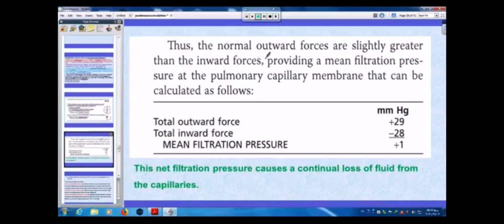Therefore, the normal outward forces are slightly greater than the inward forces, providing a mean filtration pressure at the pulmonary capillary membrane that can be calculated as follows. Total outward force is plus 29, and total inward force is minus 28.